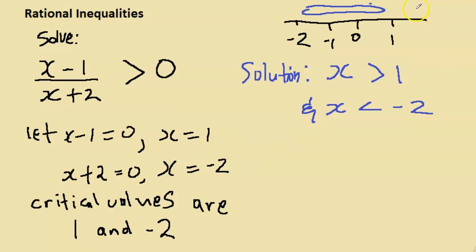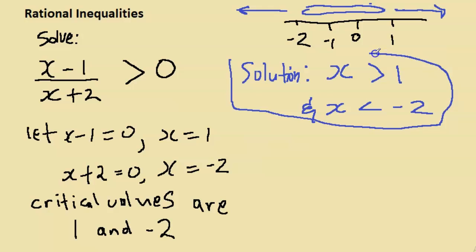So the solution set is in this region: all x values above 1, and all x values below negative 2. Any of these values above 1 or below negative 2 would make the entire expression a value that's positive or greater than 0. And this is something that we can check. So this is our solution.